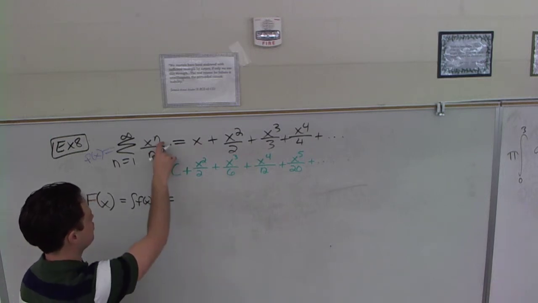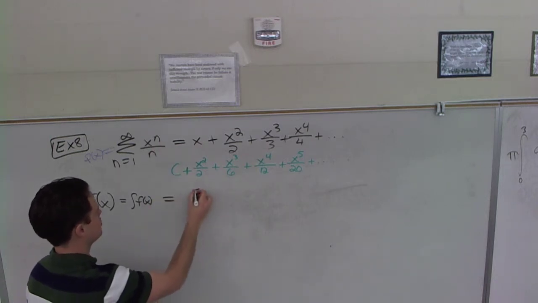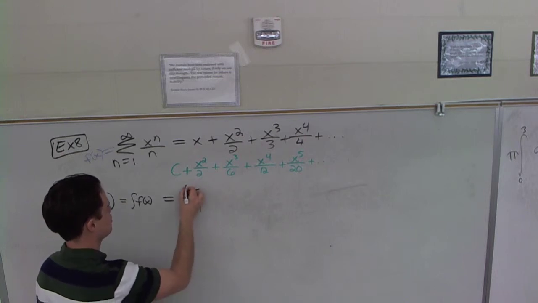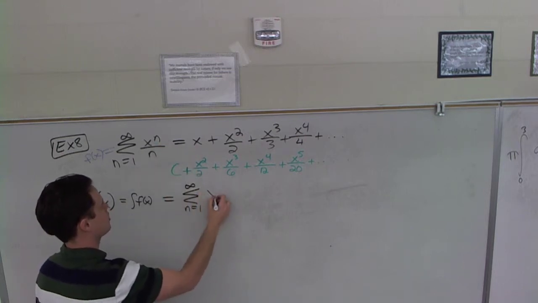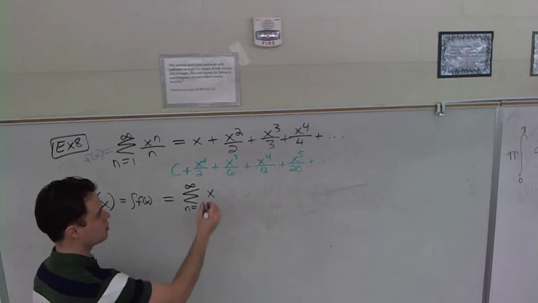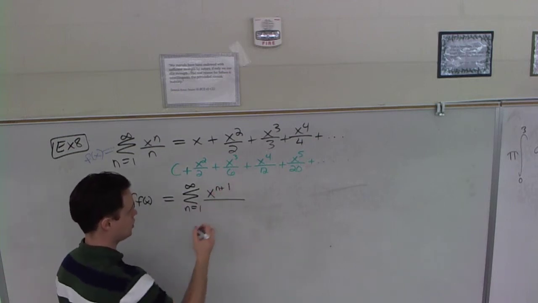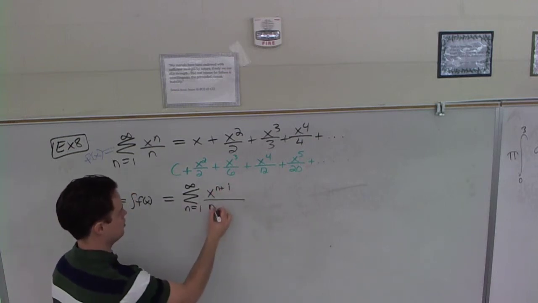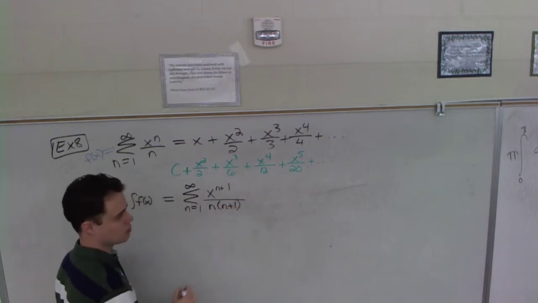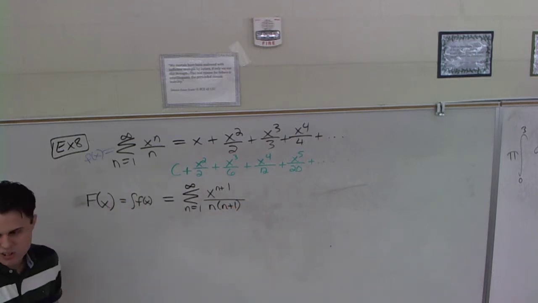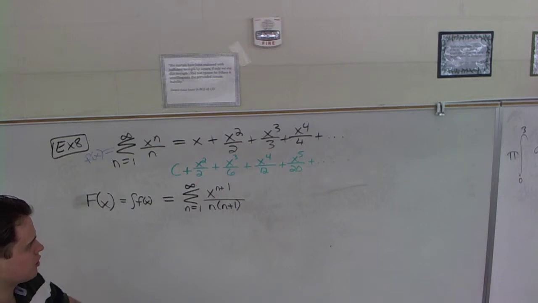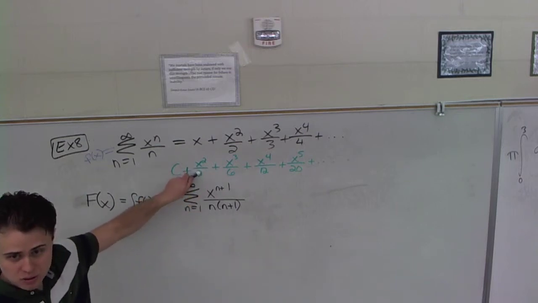Anyway, how's this going to go if we go from right here? It's going to go series x to the n plus 1 divided by n times n plus 1. There we go. It's not too hard, is it? If you want to check that that's right, see if this matches.